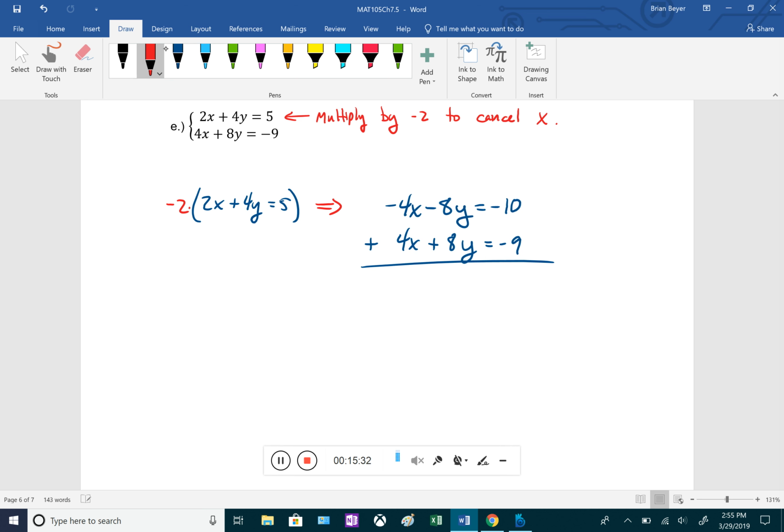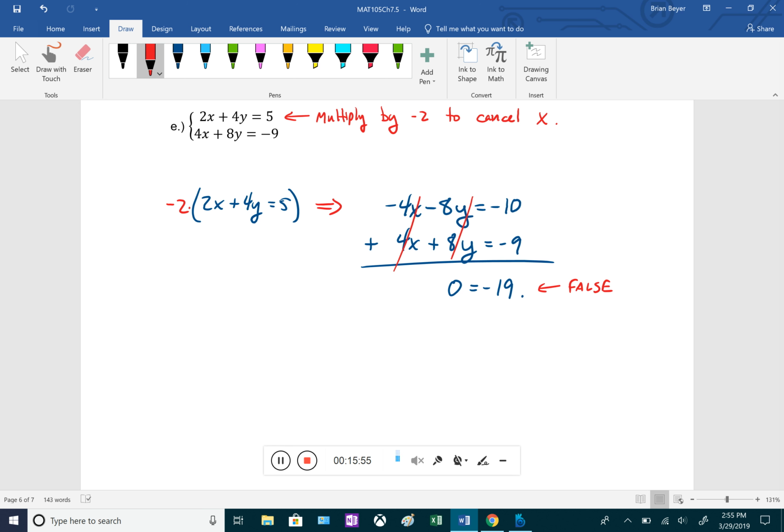So we know the x's cancel out. The y terms also cancel out. We have negative 8 plus 8. So since they both canceled here, negative 10 plus negative 9 gives us negative 19. So the variables canceled, and this is obviously a false statement. 0 does not equal negative 19.